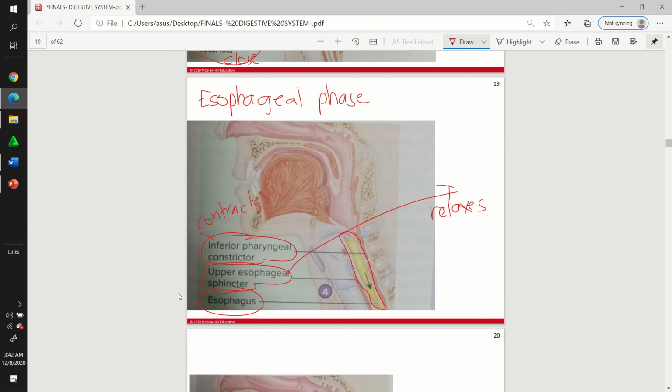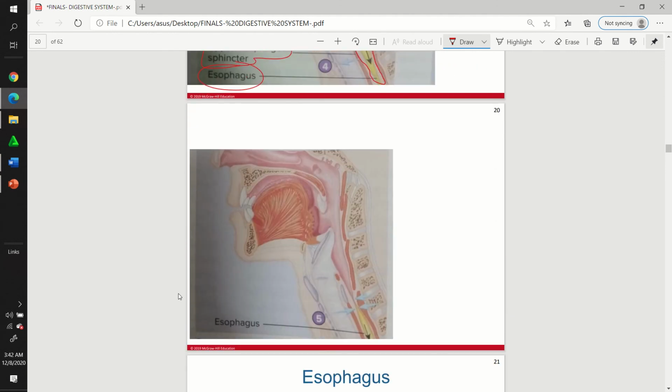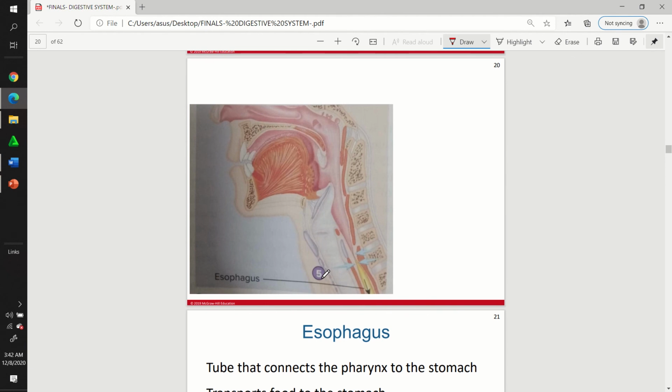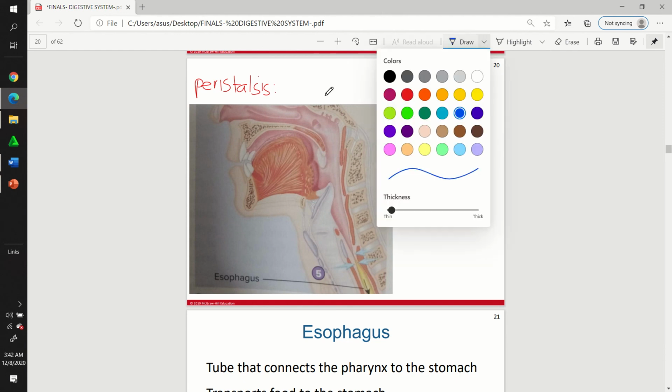And then during the esophageal phase, it is moved through peristalsis. What is peristalsis, sir?